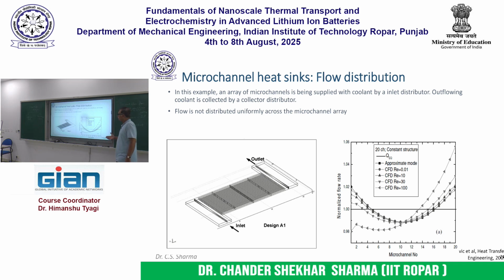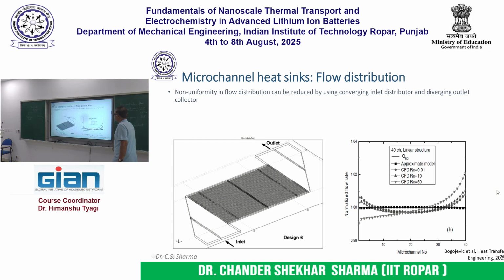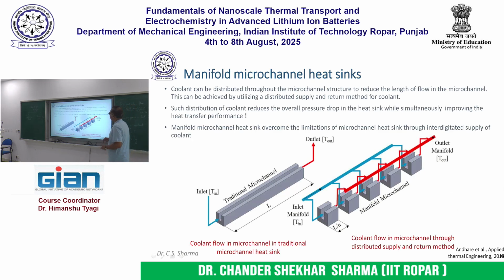So here what is done is that you change the configuration of the inlet and outlet ducts. You make the inlet ducts converging and the outlet ducts diverging, and then the flow distribution starts to come close to the uniform distribution, okay. And this methodology is now applied in many thermal applications, okay.